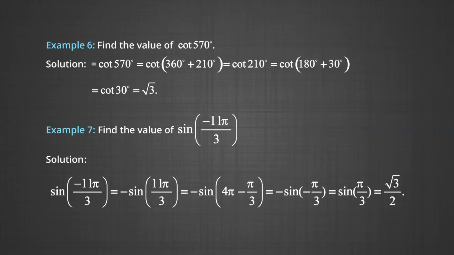Therefore, minus sine 11 pi by 3 can be written as minus sine of 4 pi minus pi by 3, which is equal to minus times sine of minus pi by 3, which in turn becomes sine of pi by 3, and value of sine of pi by 3 is root 3 by 2. Therefore, sine of minus 11 pi by 3 is equal to root 3 by 2.